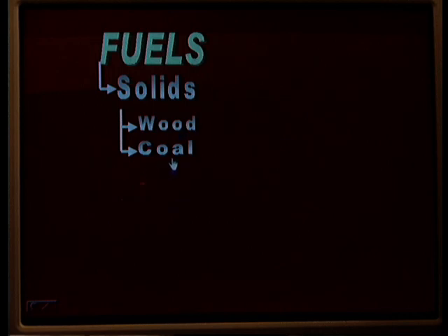Coming to coal, we know that coal is formed because of the vegetation that got buried under the earth's crust. Because of the pressures and temperatures, it got converted into coal. The very first stage of coal is known as peat, which has got very low calorific value. The next stage being lignite, which has got some better calorific value than that of peat.